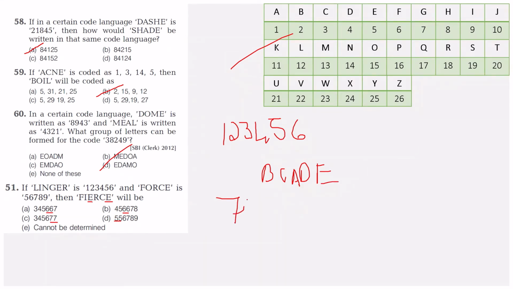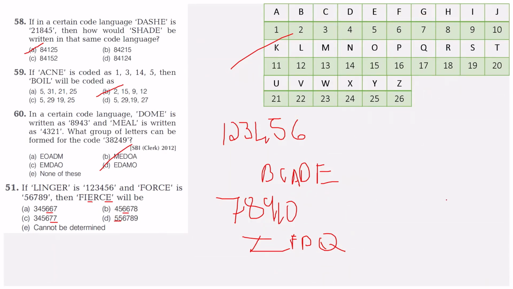And 7, 8, 9, 10 are coded as Z, F, P, Q. Yeah. These are the types of questions you'll be asked.